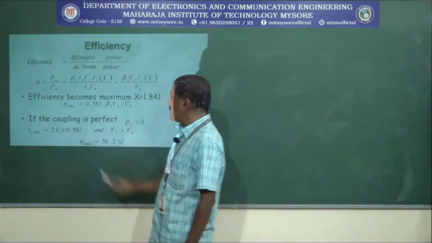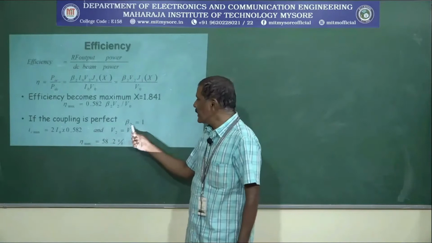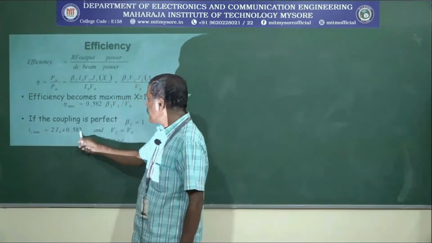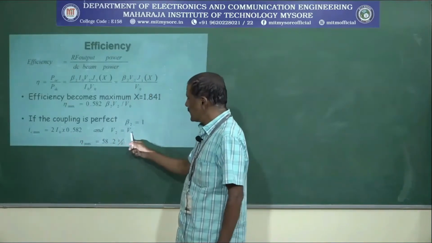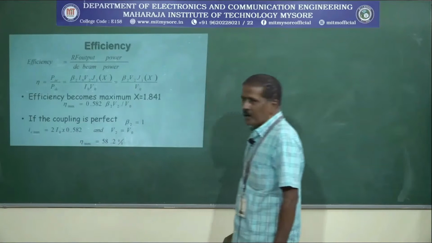If the coupling is perfect, that is coupling coefficient beta 2 is equal to 1, then the maximum current is equal to 2I0 into 0.582 and V2 is equal to V0, then the maximum efficiency is equal to 58.2%.